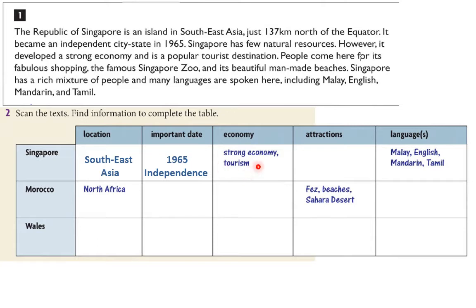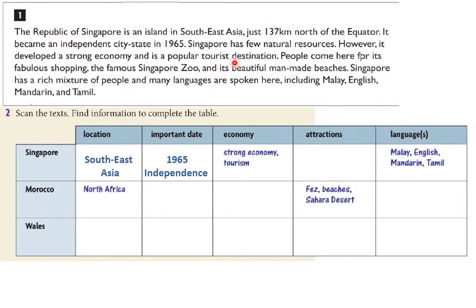Regarding the economy, let us scan the paragraph to find something about economy. And in this sentence, we found something about economy: it developed a strong economy and is a popular tourist destination.